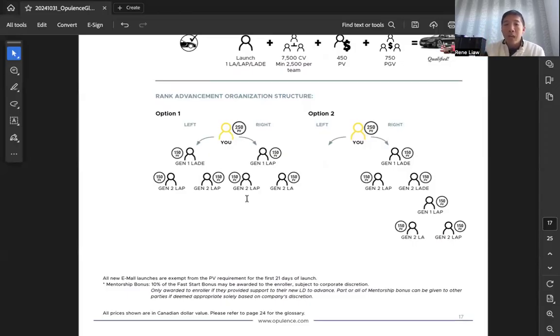So if all these people came in and you had a really fast start and all of them were within their first 21 days, they don't have to do that monthly 150 payment, because when someone gets started, that first monthly 150 payment comes out basically 21 days from then. So if you launch all these people that just got started this week or this month, and they're all within the 21 days, even if they don't pay their monthly 150, it still qualifies you for the rank advancement.